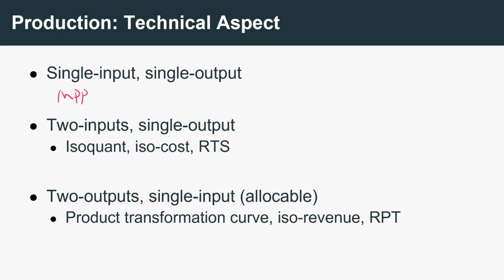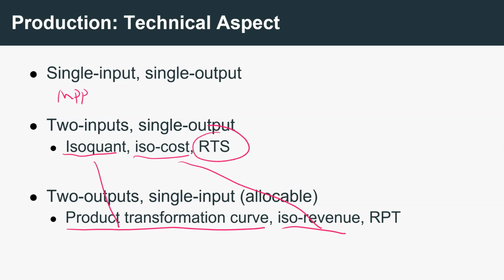And when we come to the 2 output, single input case, this is analogous to the 2 input, single output case, because the isoquant is analogous to the product transformation curve here. Isocost is analogous to the isorevenue curve there. And rate of technical substitution is analogous to the rate of product transformation. So those are the most important concepts of the technical aspect.